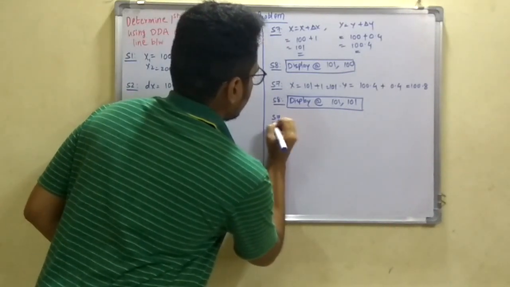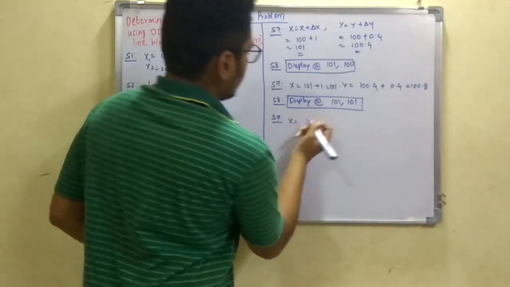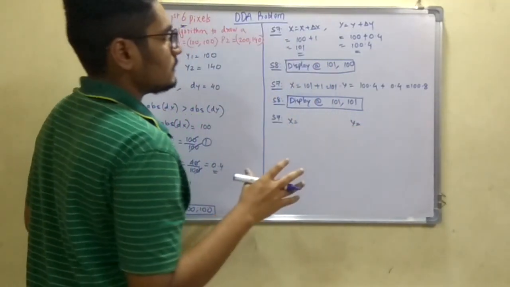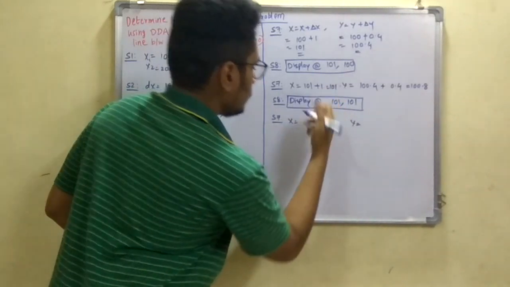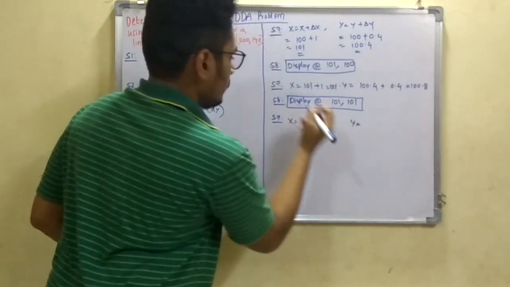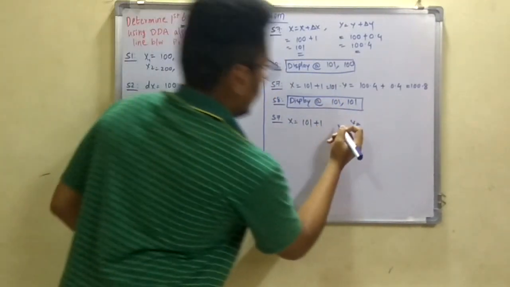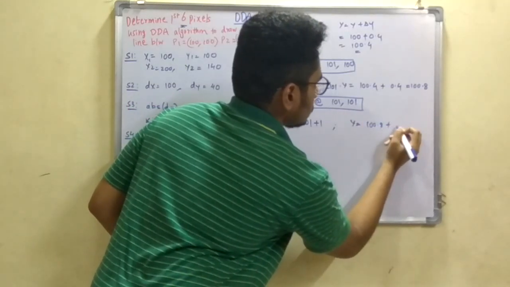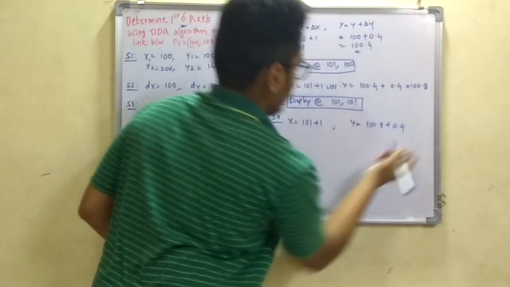Next is step 7 again. So that is x plus delta x. We want a new x, we want a new y. So x is this x, that is 101 plus 1, and y is 108 plus we have 0.4.